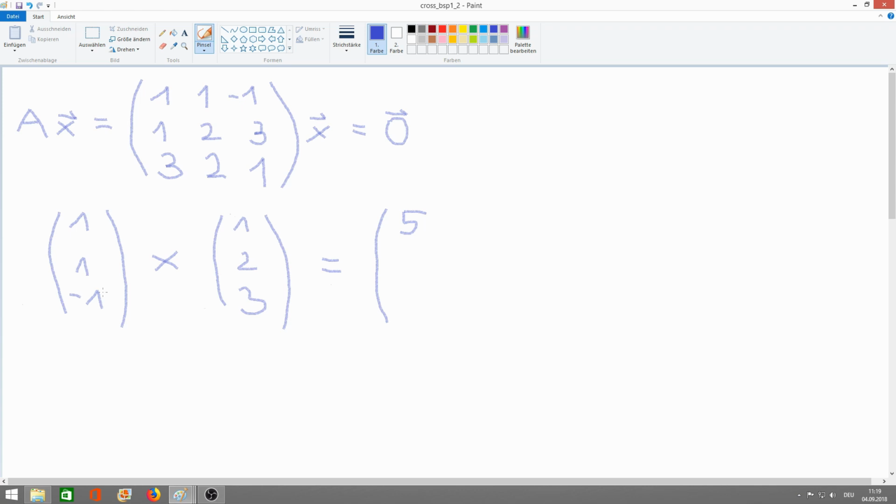For the second entry, we ignore this here and calculate 1 times minus 1 minus 1 times 3, which is minus 4. And for the last entry, we ignore this here and calculate 1 times 2 minus 1 times 1, which is 1.